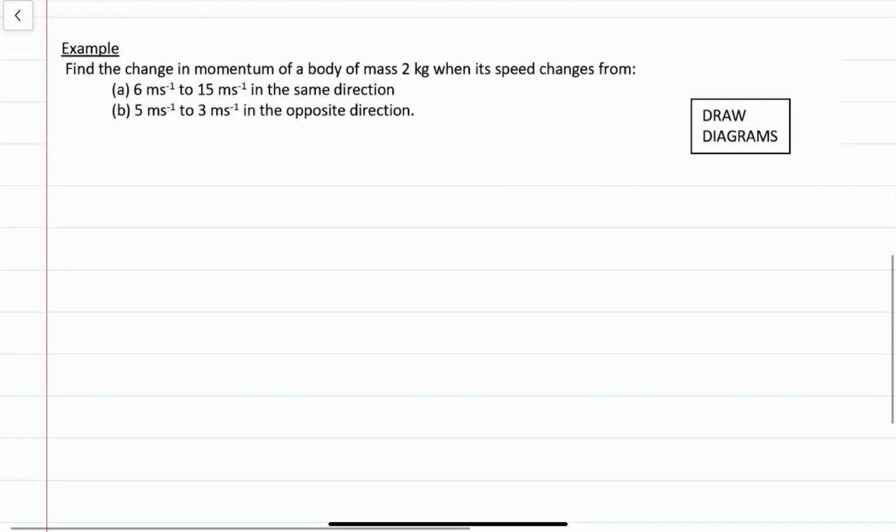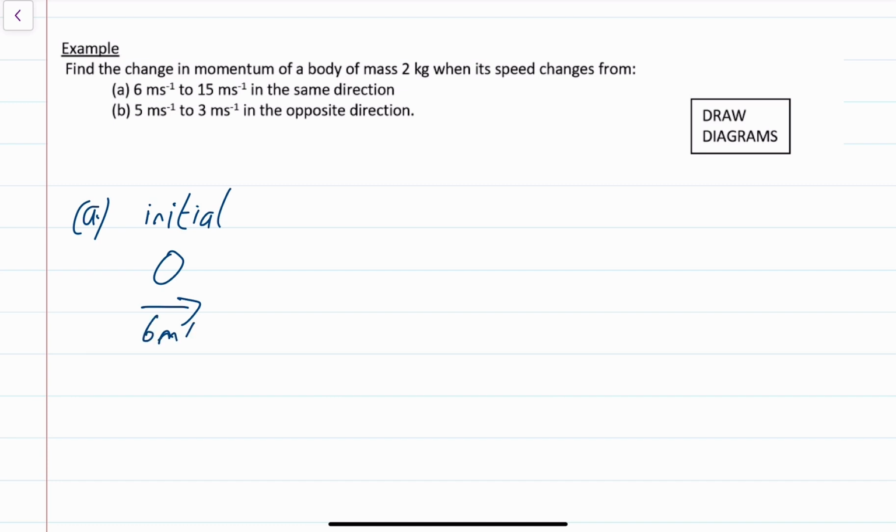The last example for this video says find the change in momentum of a body of mass 2 kilograms when its speed changes from 6 meters per second to 15 meters per second in the same direction. We'll do a wee diagram here just to show what's going on. So we'll have our initial. There's your body, and it's going at 6 meters per second.